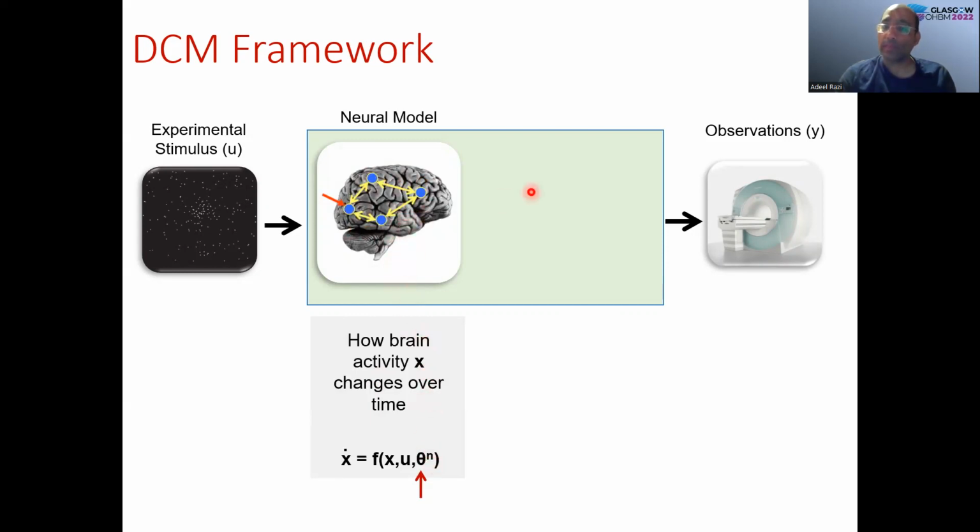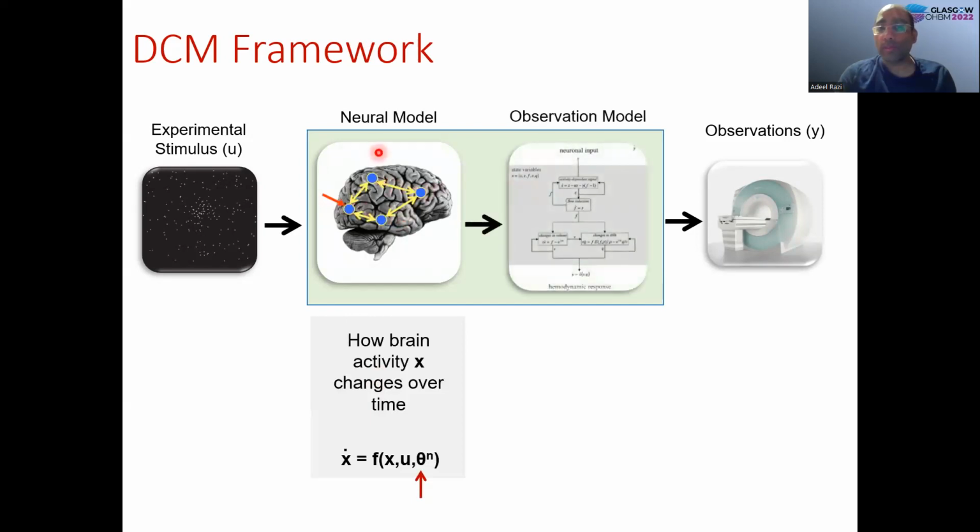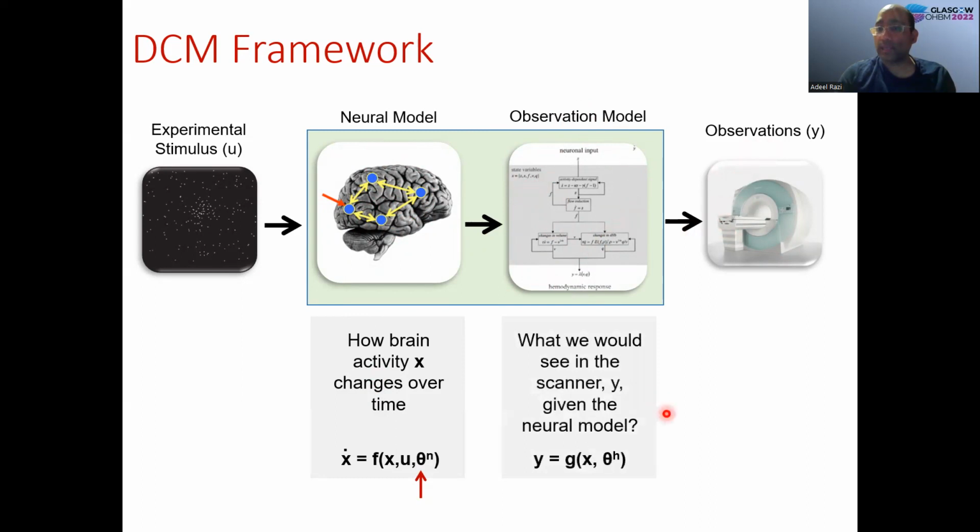This theta represents the effective connectivity. Now what's happening at the neural level passes through the hemodynamics, and we will talk about the observation model, and then it gets recorded by the scanner. So this is basically what we see. Y is our observed signal, and G is our observation model or the hemodynamic model, which depends on the current activity and the hemodynamic parameters.